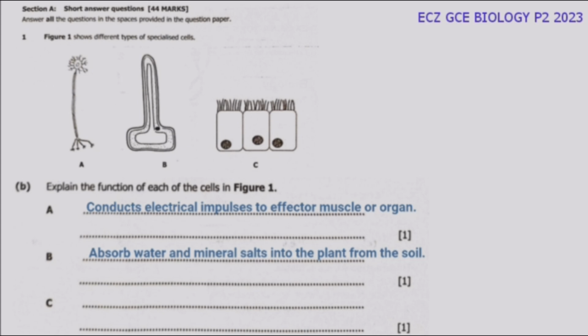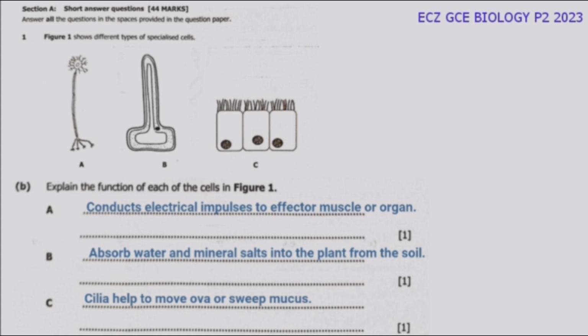The function of ciliated cell is to help to move or sweep mucus. When an ovary produces a female egg, it will move through the fallopian tube using these cilia cells.